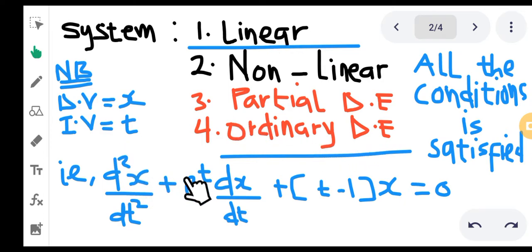Because we can all see it's an ordinary differential equation. Why am I saying that? Because the independent variable, which is t, is the only one throughout, it's not changing.